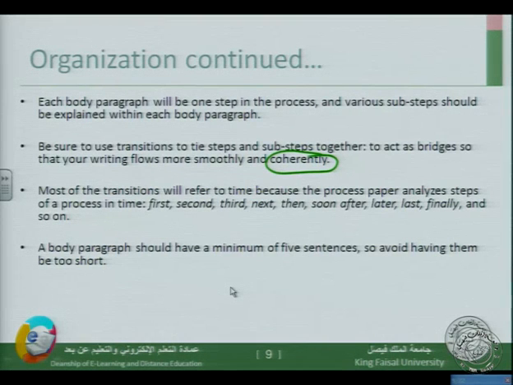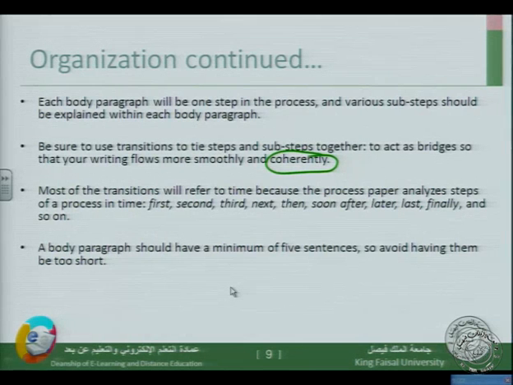For example, the conclusion transitions like what? Like finally, in the conclusion. So these are what we call transitions, or chronological order: first, second, third, fourth, and that's it. Most of the transitions will refer to time because the process paper analyzes the steps of a process in time.